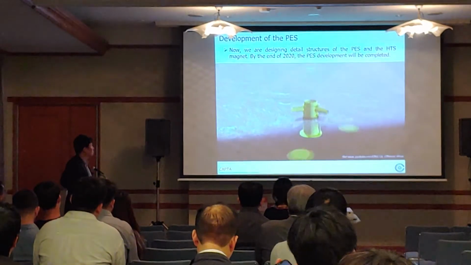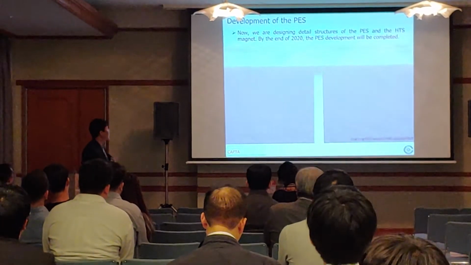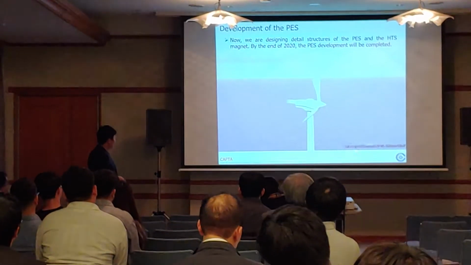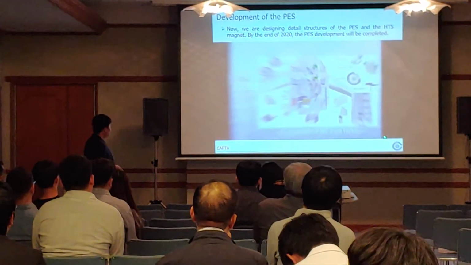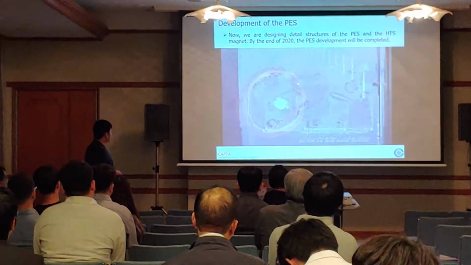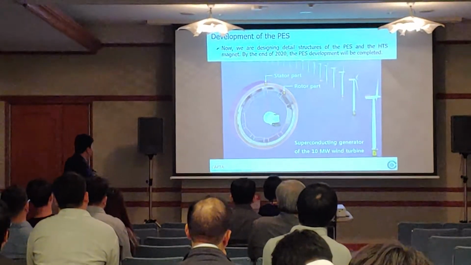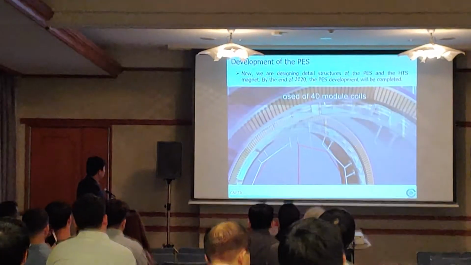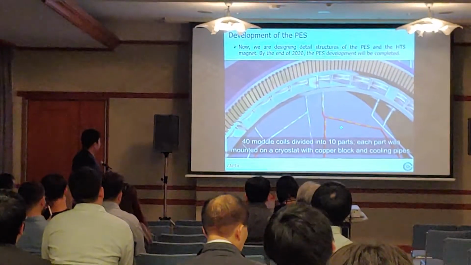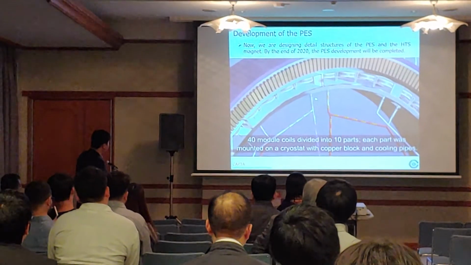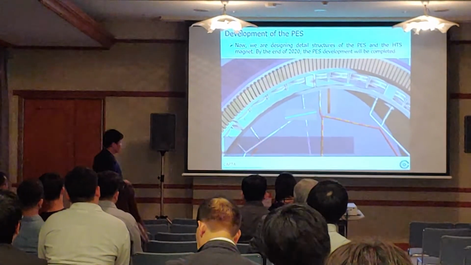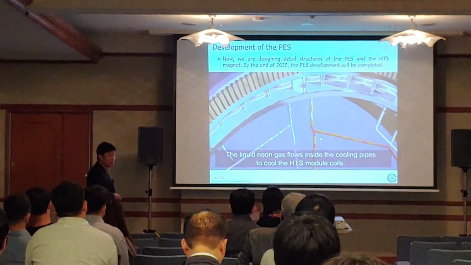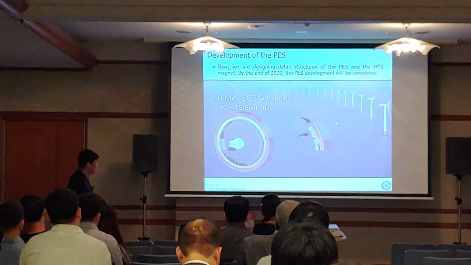There is some movie, and everybody has already seen these movies so many times, but there is some rest of the time I didn't. So this is the cross section, the stator and rotor, and this is the cooling system, just as you have seen before. The 40 module coils are connected. The color is the temperature, changing from white to blue and red.